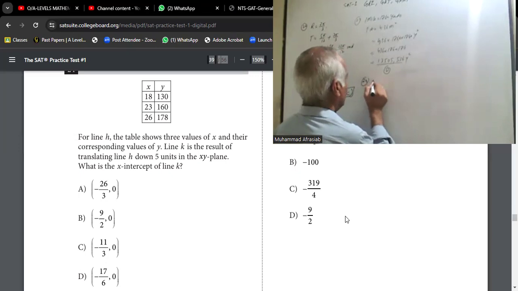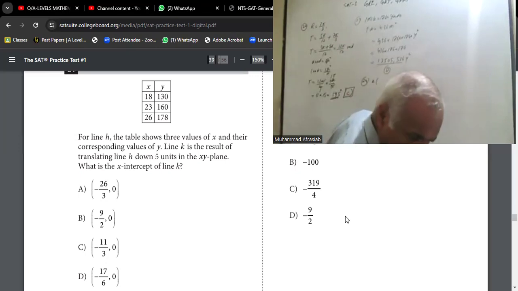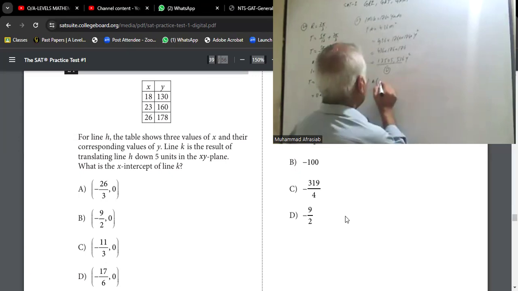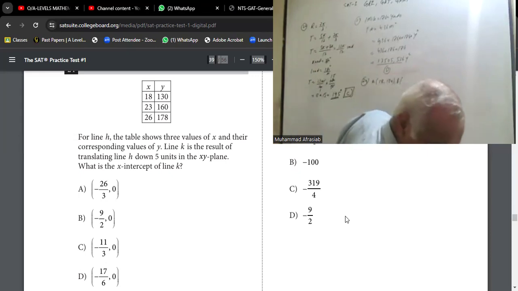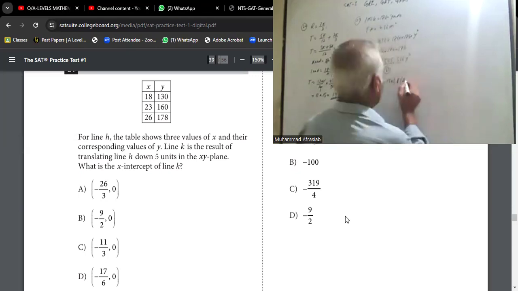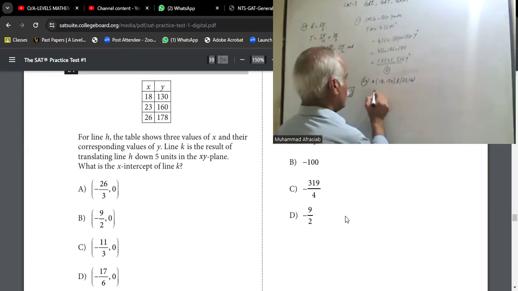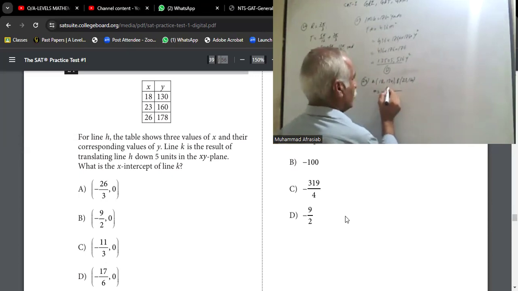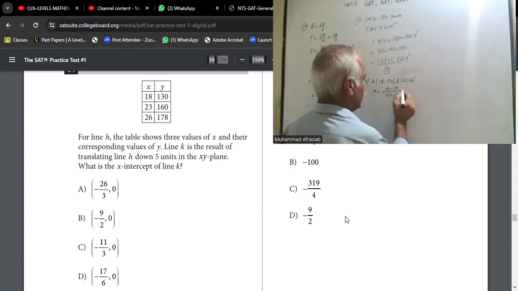Let's say point A is 18 and 130, and point B is 23 and 160. So the slope is equal to 160 minus 130 over 23 minus 18.